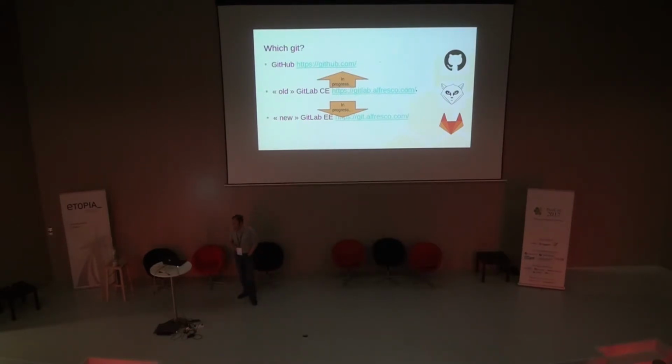There are two problems with GitHub. The first one is that we cannot integrate it with our internal LDAP repository. So it's difficult to manage the identity of Alfresco employees. Alfresco employees have to provide their GitHub account to Alfresco, and then Alfresco IT can manage who gets access to which repository.